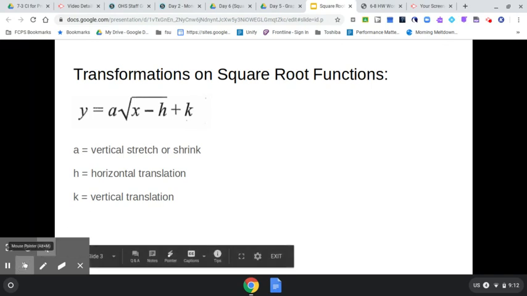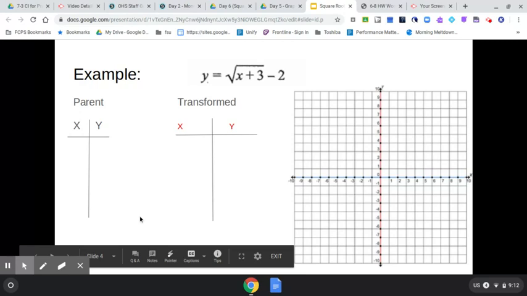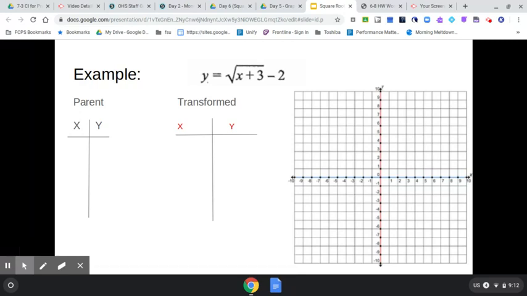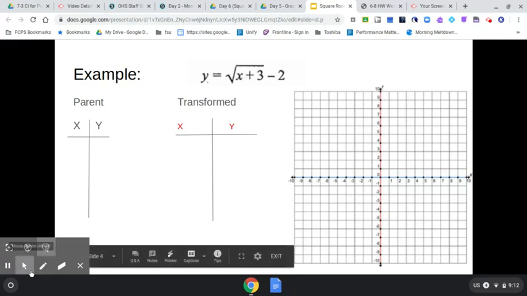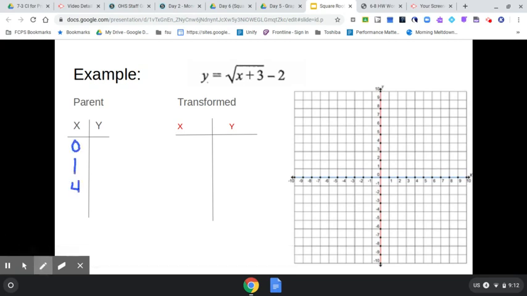Okay, so we're going to take a look at an example of a transformed square root function. We had just talked about our parent function and the fact that we were going to pick the values 0, 1, 4, and 9 because those give me whole number y values.